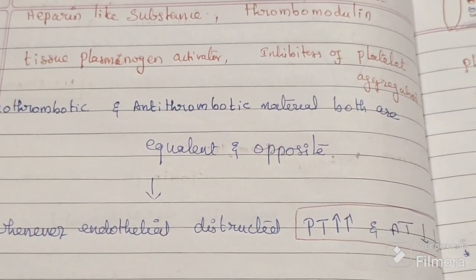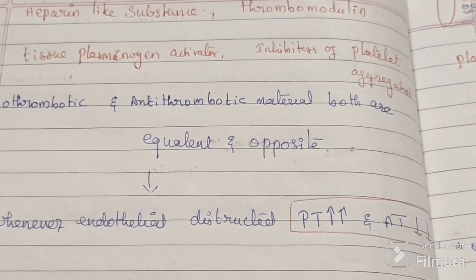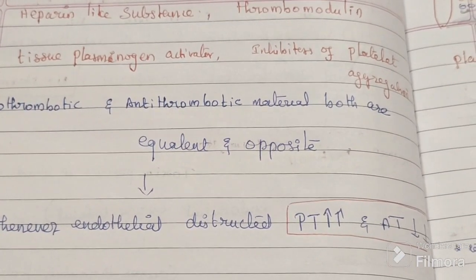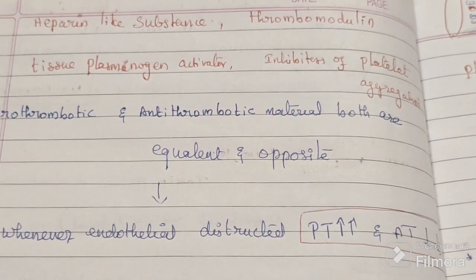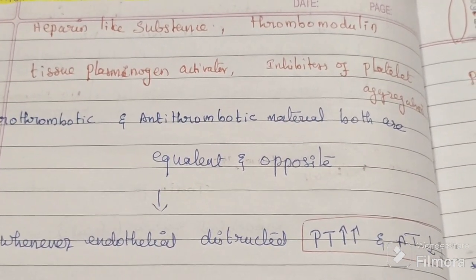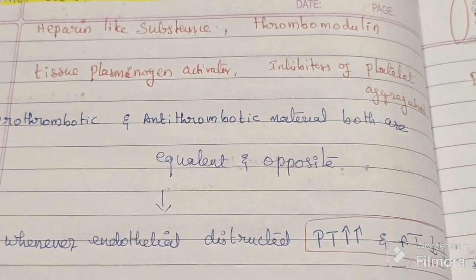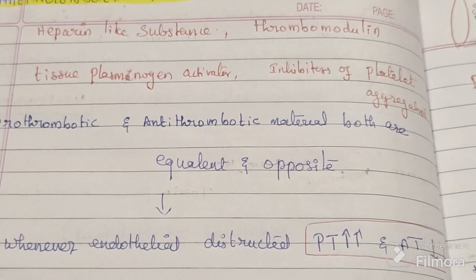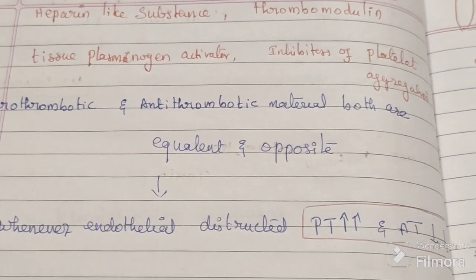But whenever the endothelium is destroyed, okay, when the endothelium is affected, at that time the prothrombotic factor material increases, the antithrombotic material decreases, so the imbalance causes injury.